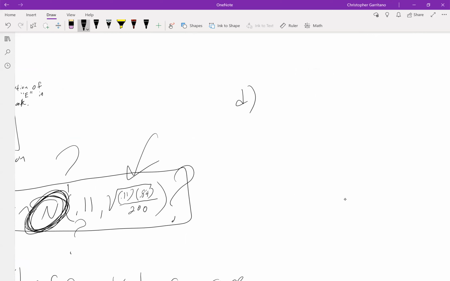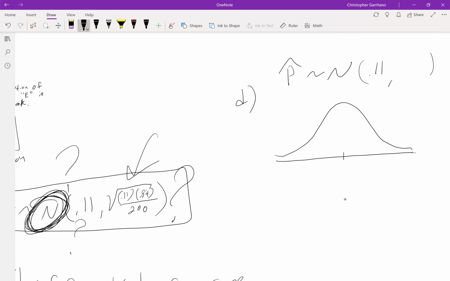So basically, if the conditions are met, as I mentioned before, then we know p-hats are distributed normally with specific parameters. In this case, the center of the distribution of p-hats is 0.11. That's our null hypothesized assumption. This is just the distribution of p-hats.